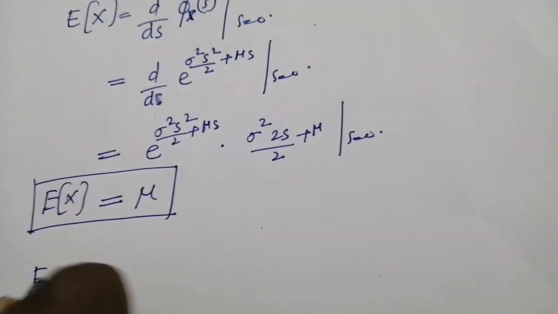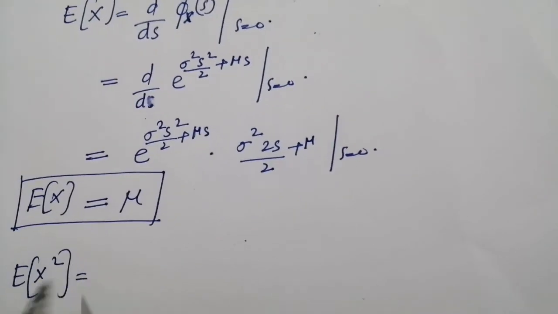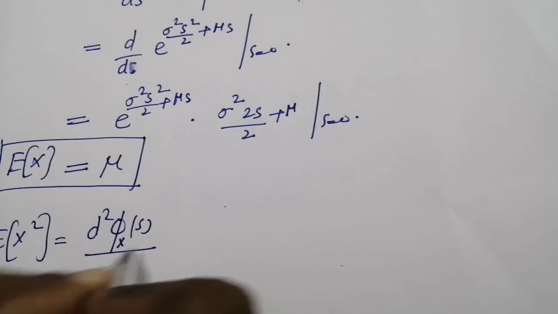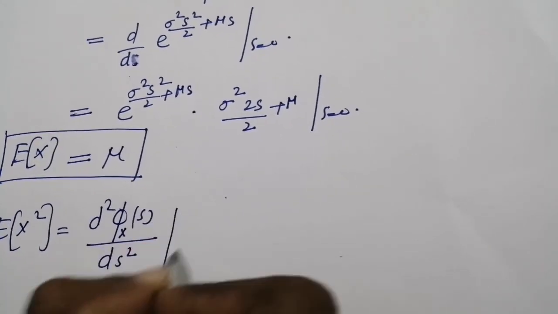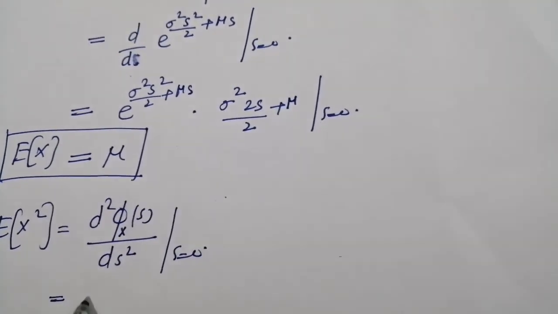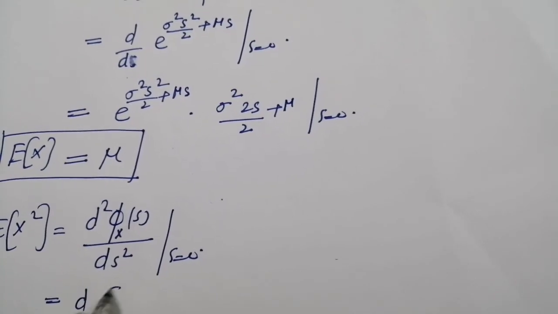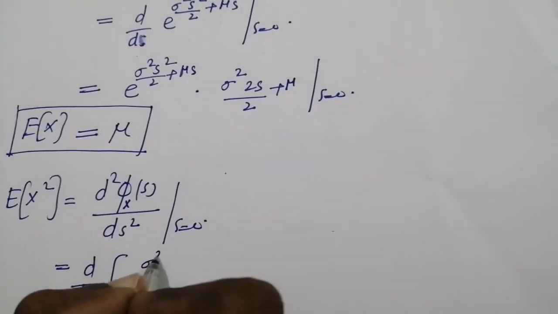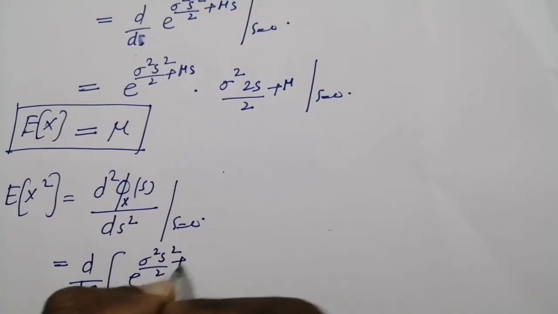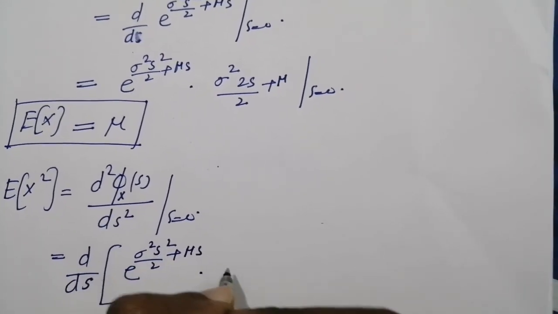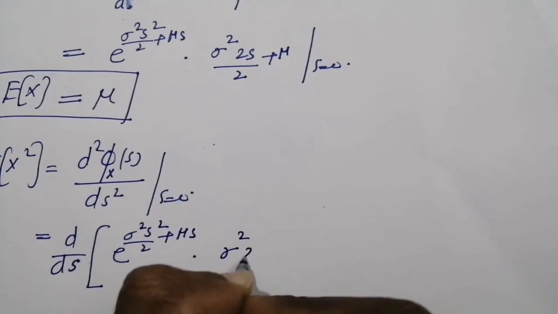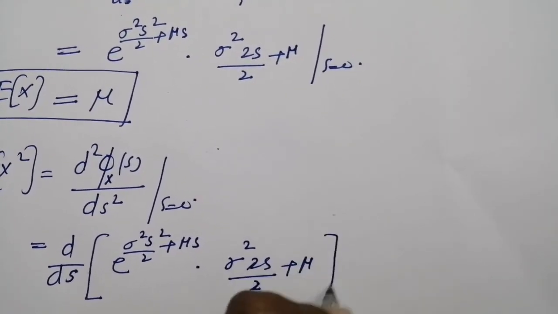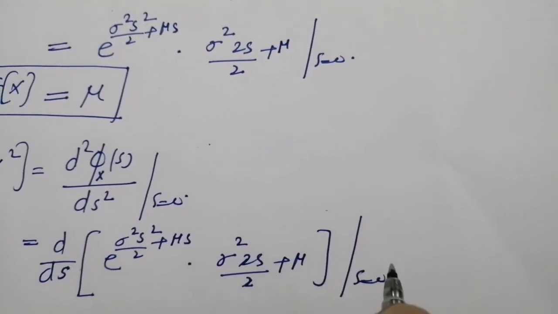Similarly, we will find the mean square value. So the mean square value will be equal to d square phi x of s by ds square, and put s equal to 0, which will be equal to d by ds of this thing, that is e raised to sigma square s square by 2 plus mu s into sigma square 2s by 2 plus mu, and put s equal to 0.